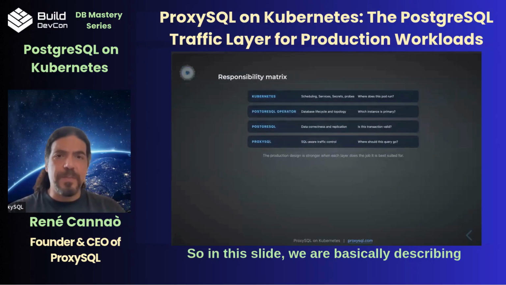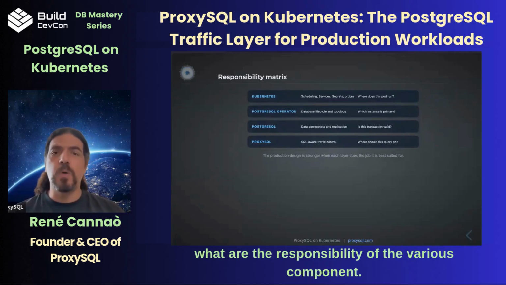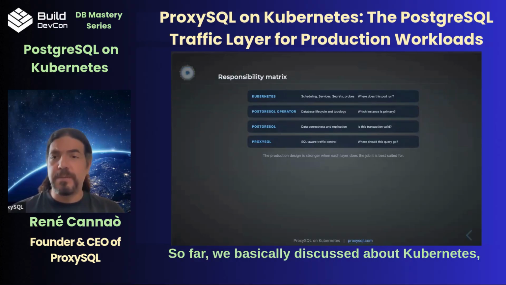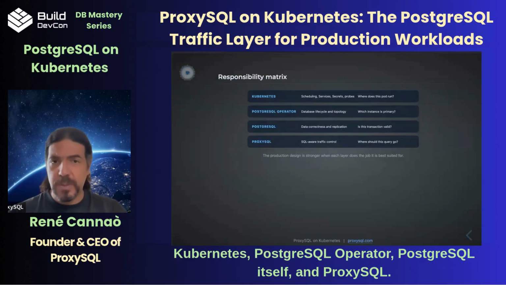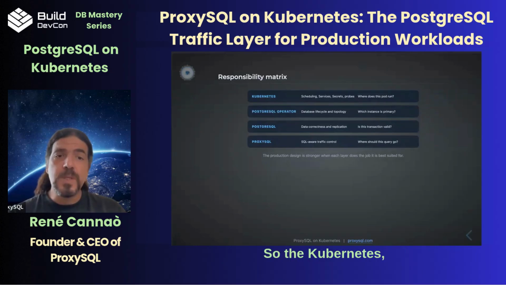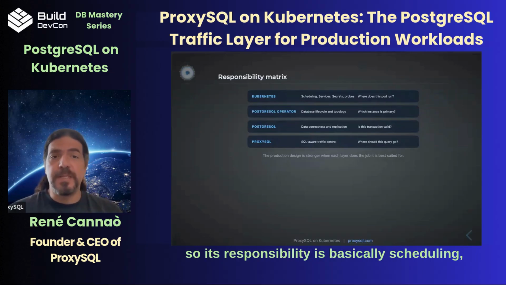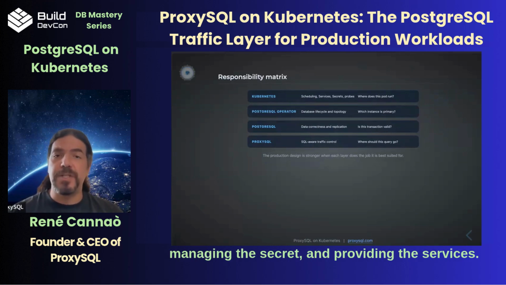So in this slide, we are basically describing the responsibility of the various components. So far, we basically discussed Kubernetes, the Postgres operator, Postgres itself, and ProxySQL. Kubernetes's responsibility is basically scheduling, managing the secrets, and providing the services.